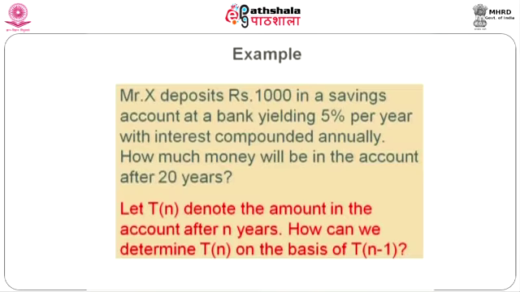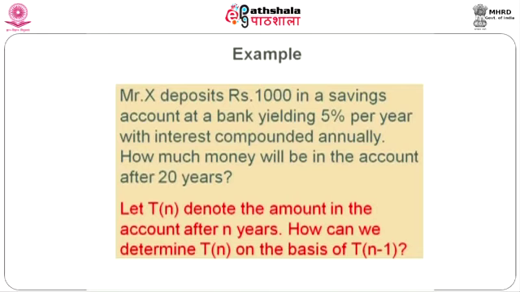Fine. I will take a simple example like this. Mr. X deposits 1000 rupees in a bank that gives 5% interest as compound interest.